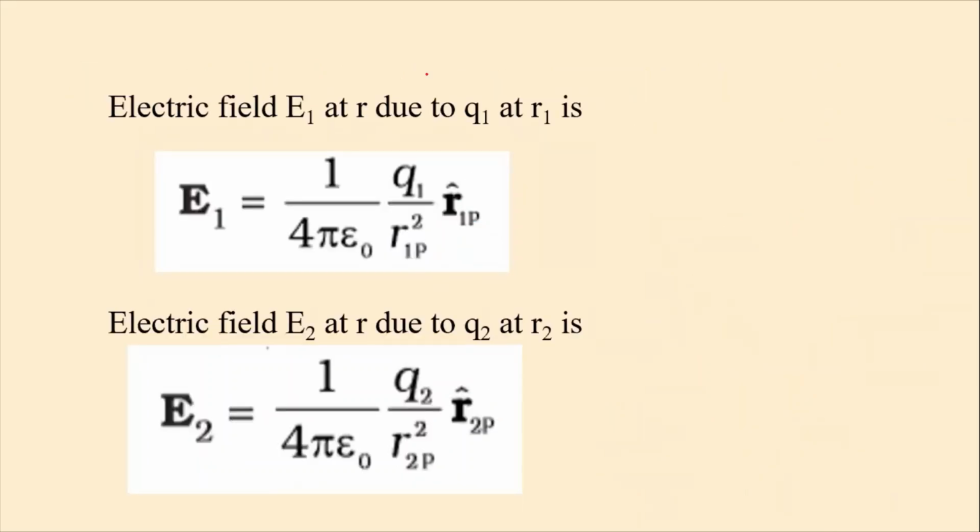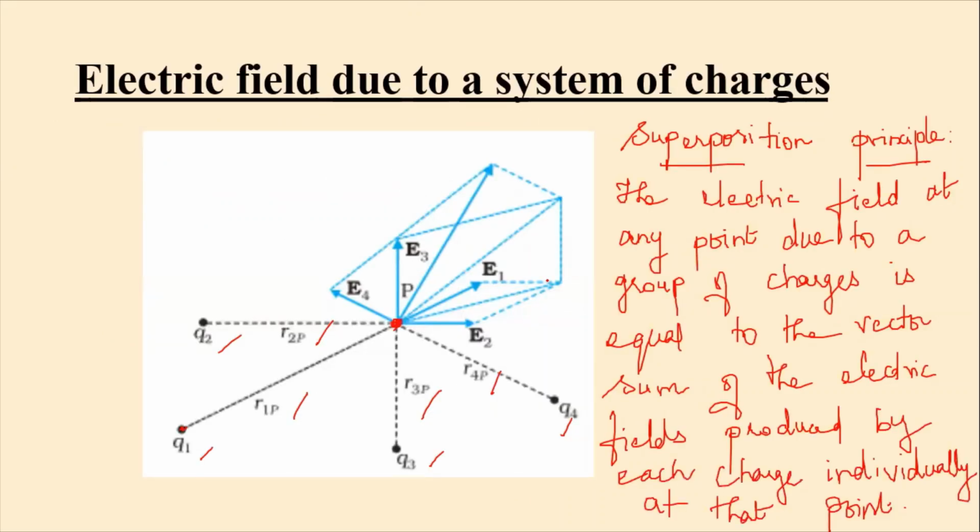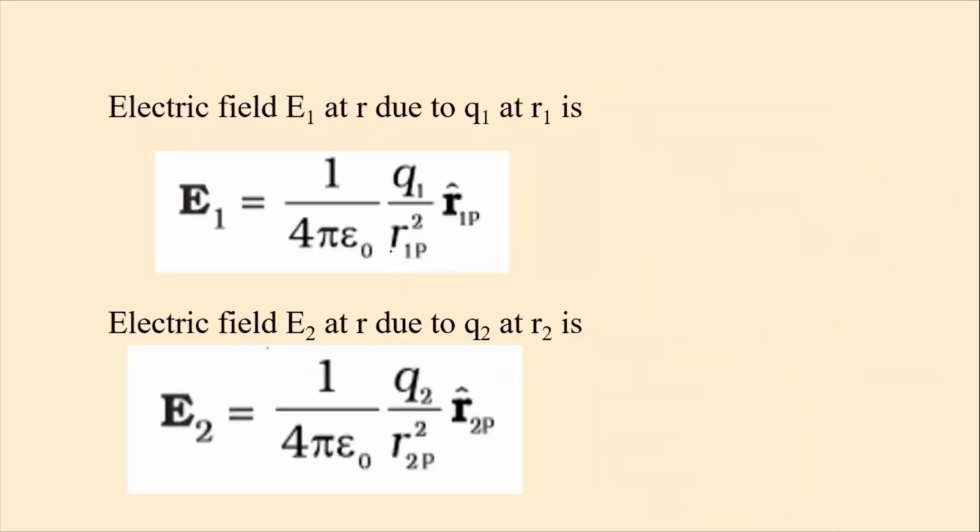So now we are taking the electric field E1 at R due to Q1 at R1. Here there is a small change. This point is taken as R. So it is 1 by 4 pi epsilon naught, Q1 divided by R1P square, into R1P cap.